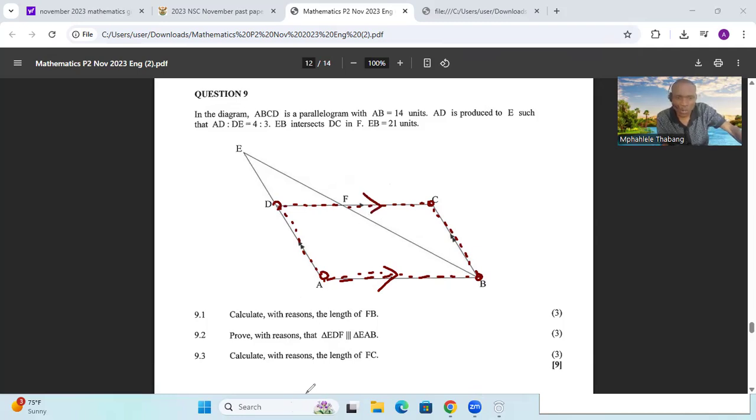And I'm also going to say the side AD is parallel to the side BC. So this is one of the properties of a parallelogram. Opposite sides of a parallelogram are parallel. Actually, they are not only parallel, they are parallel and equal.